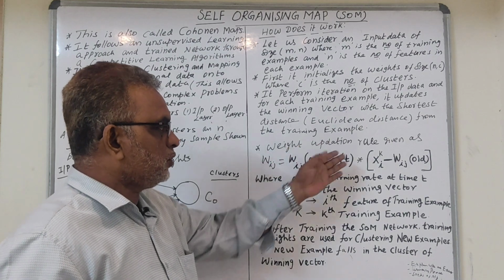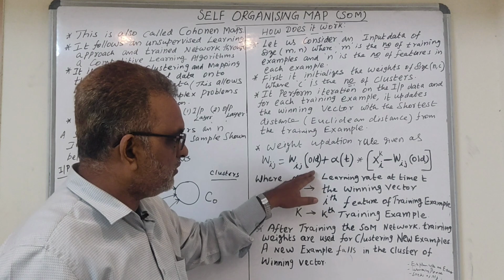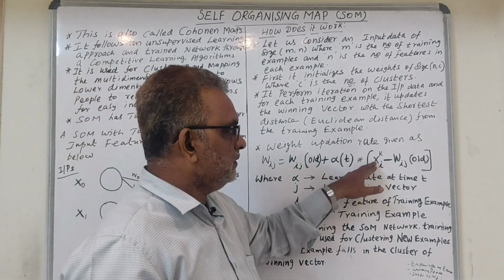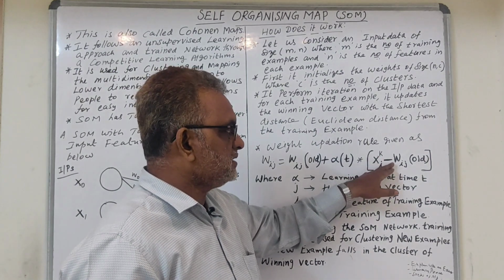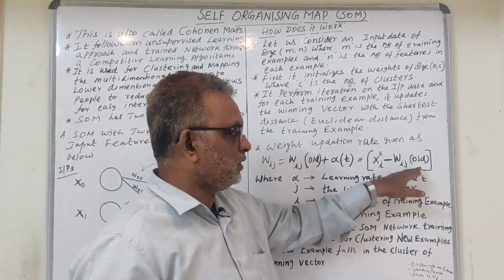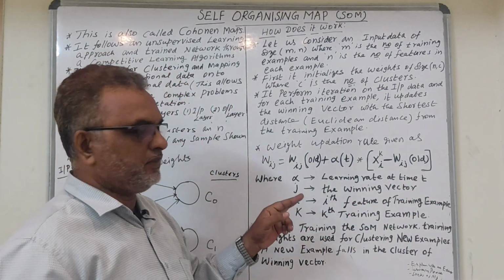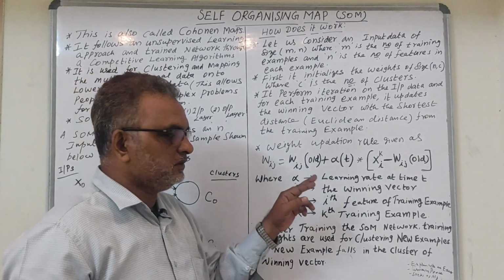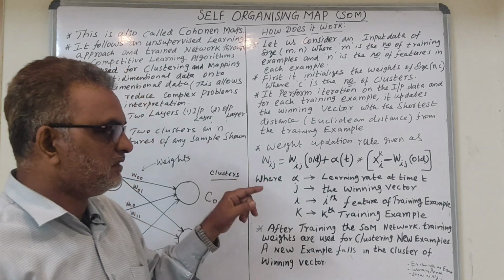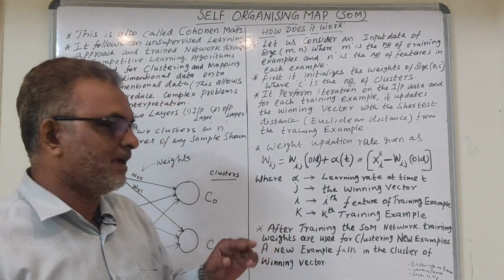The weight update rule is given by Wij equals Wij of its previous value plus alpha of t into (xi to the power k minus Wij of the old value). Here alpha represents the learning rate at time t, j represents the winning vector, i is the ith feature of the training example, and k is the kth training example.